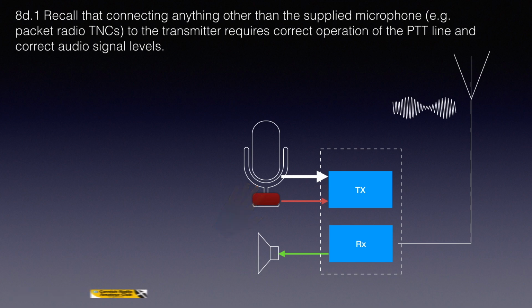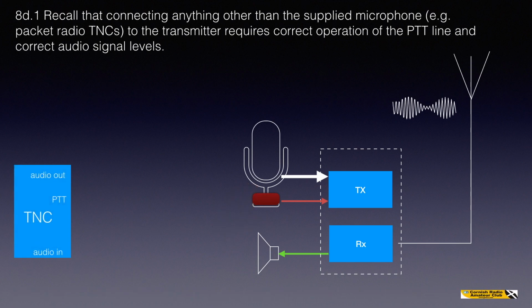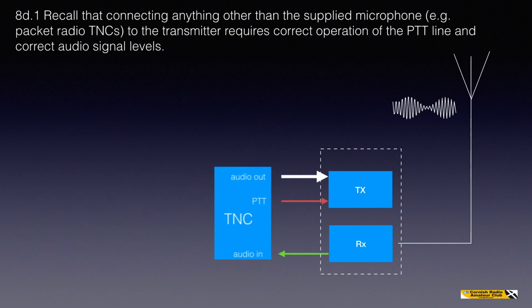So if you use a terminal node controller, you're effectively replacing the microphone and speaker. Here we have the TNC plugged in to your transceiver, and the audio out of the TNC goes into the transmitter, and the PTT line comes out of the TNC, and out of the receiver you've got the green audio in going into the TNC.